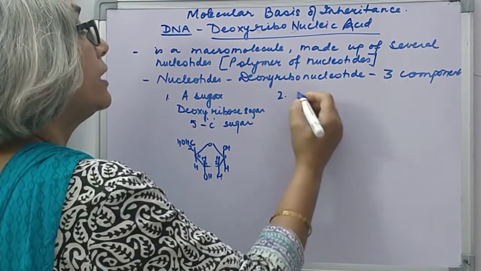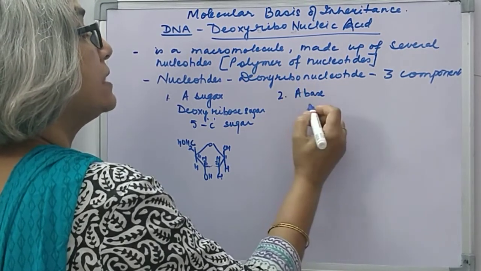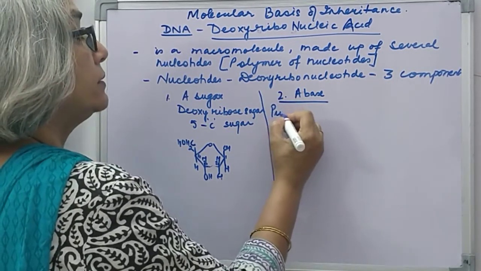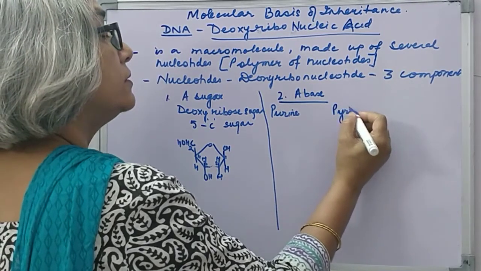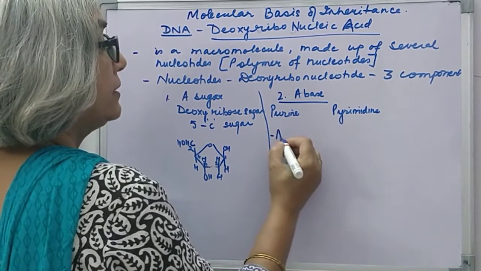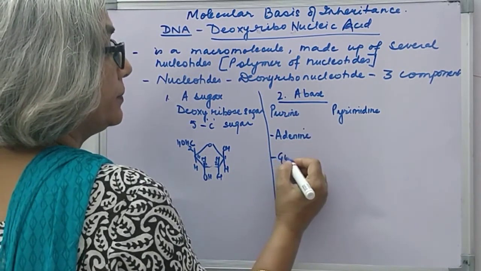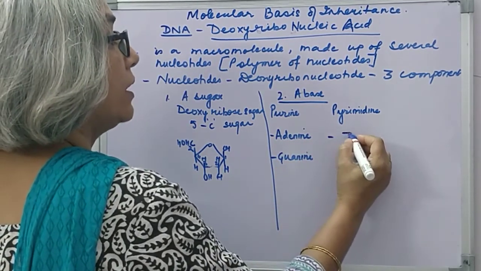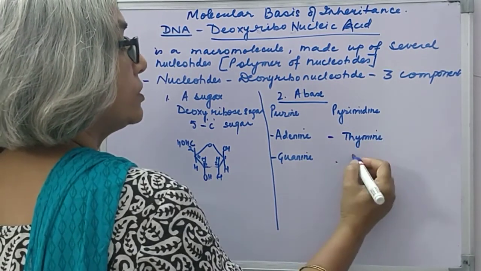Second component is a base. Now bases are of two kinds, purines and pyrimidines. The purine bases are adenine and guanine, and the pyrimidine bases are thymine and cytosine.